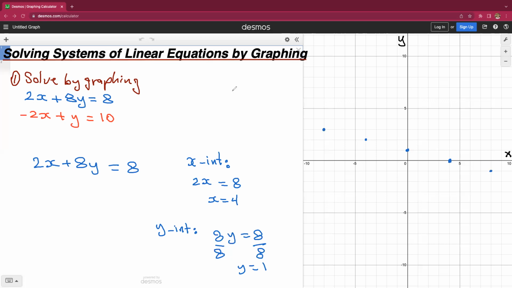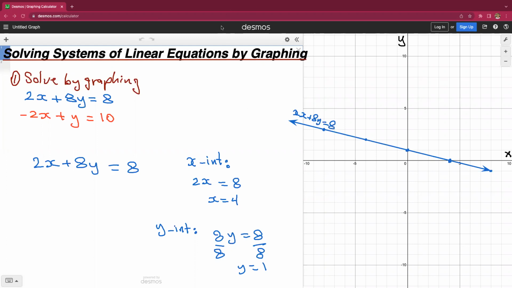So you keep the same slope, and then you just graph this line. And this is the line for the equation 2x plus 8y equals 8.